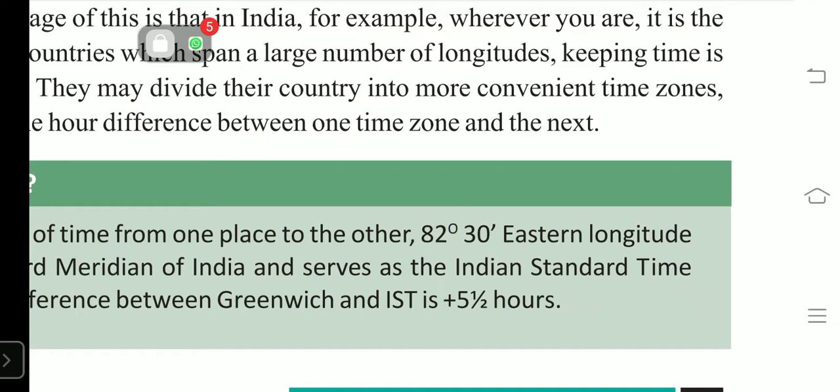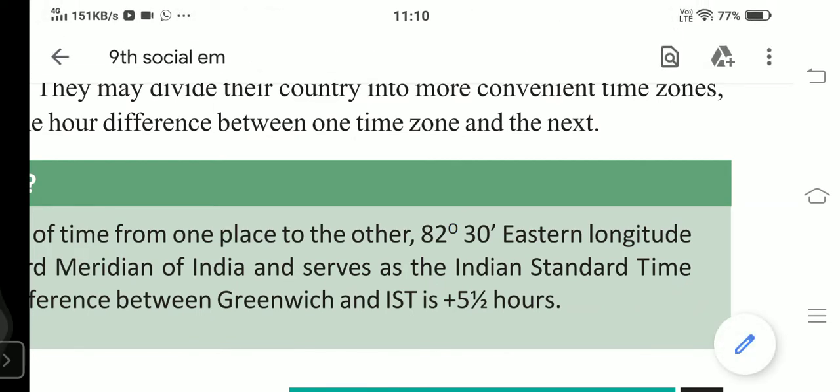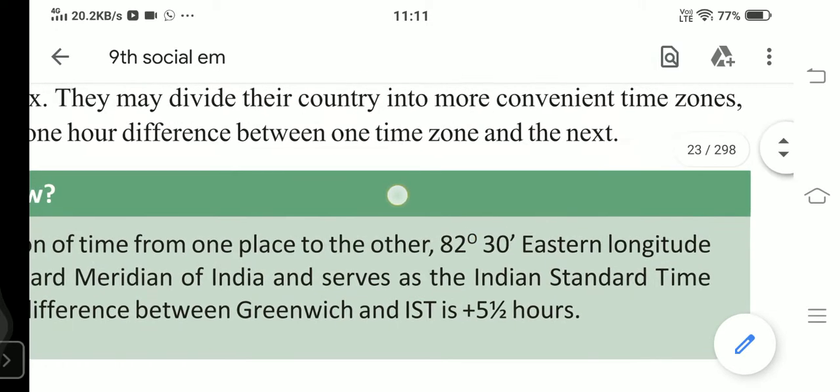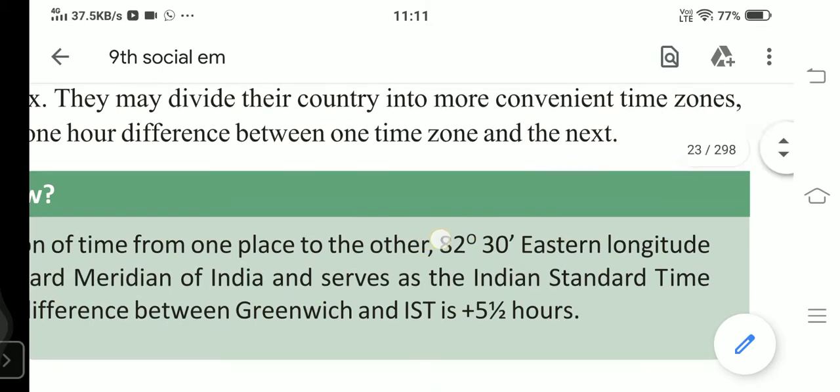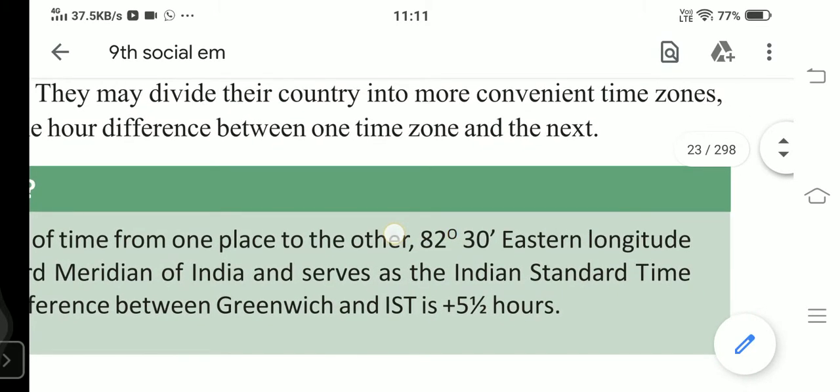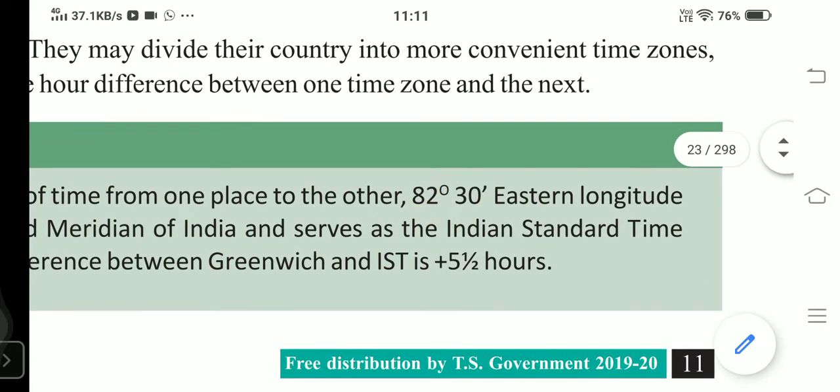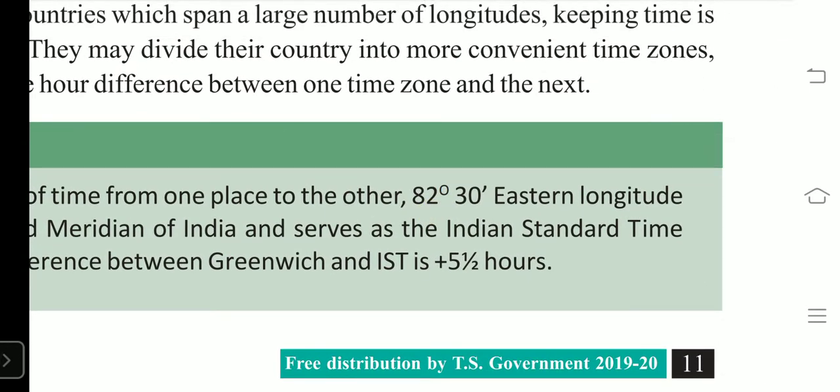Okay, whatever the time that takes place on 82 degrees 30 minutes east longitude, that time is applicable for the entire India. Okay, from where is it passing? It is passing through Allahabad of Uttar Pradesh and Kakinada of Andhra Pradesh.